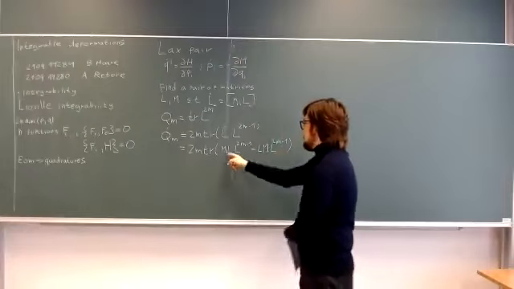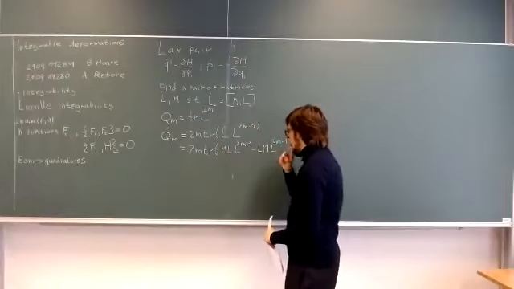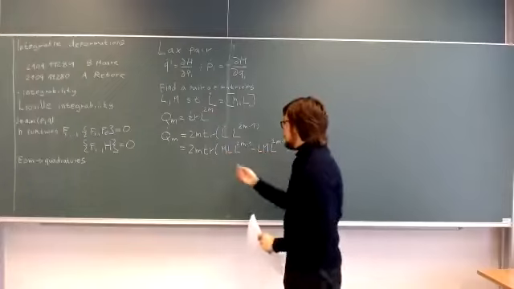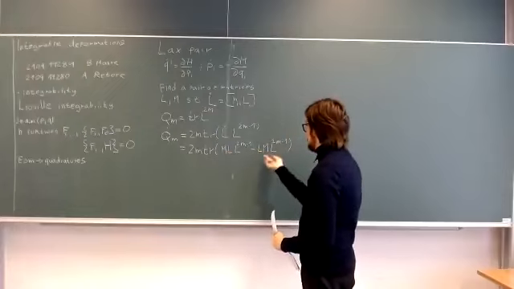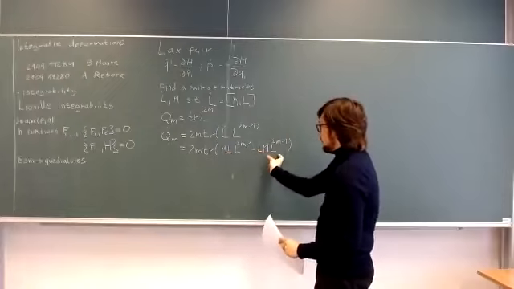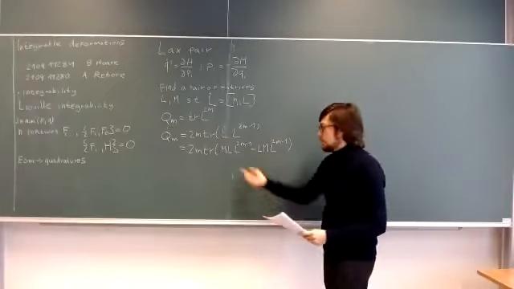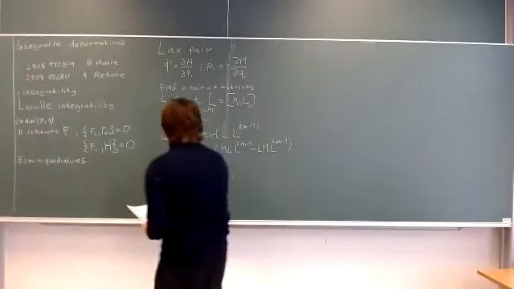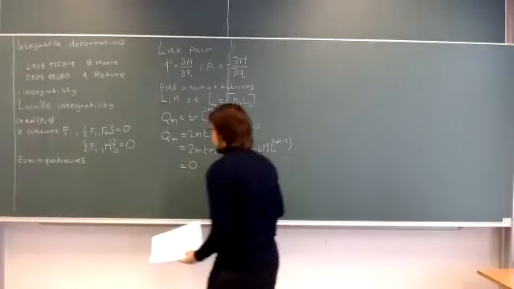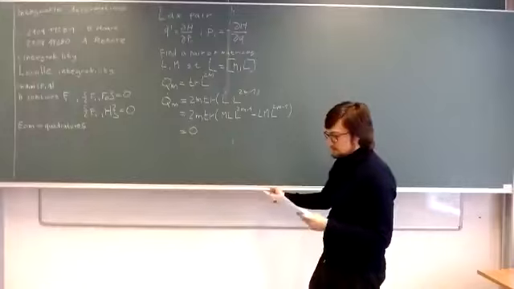And now you can see that this is m times L^(2m). And this also, if I use the cyclicity of the trace by moving in one direction, cyclically permuting this to M L^(2m). So these two just trivially cancel, and we get 0, meaning that we do have conserved charges.